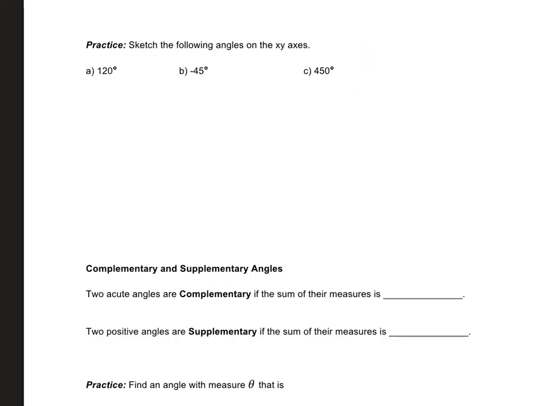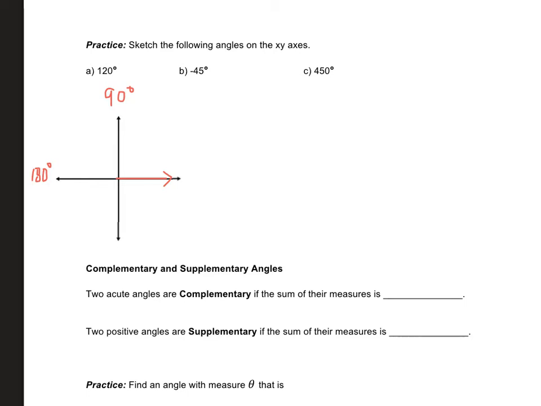Now let's practice sketching the following angles on the xy axis. Pause and sketch the angles. So let's sketch 120 degrees. Our initial side is on the positive x-axis, and we want to rotate to 120 degrees. So remember that this is 90 degrees, and 180 degrees is the negative x-axis. 120 is in between those.